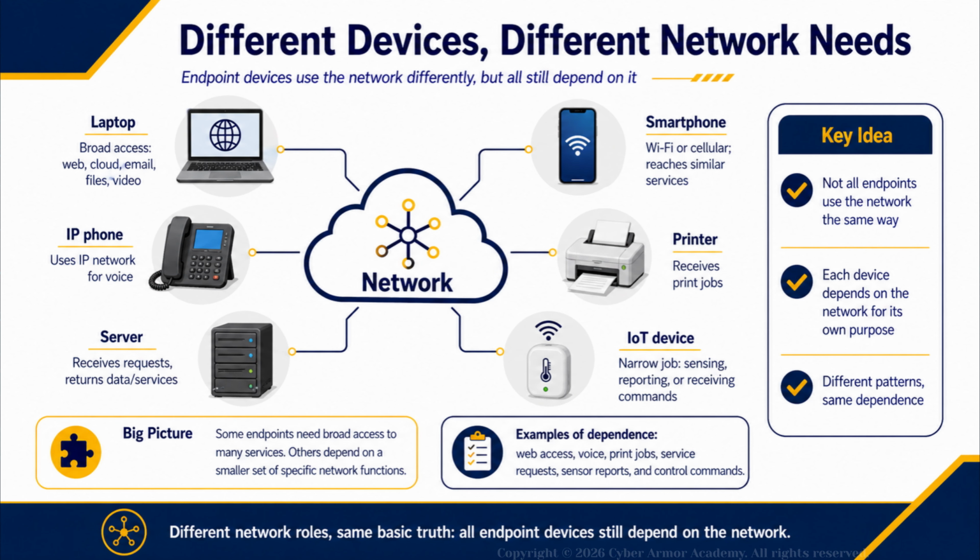Not all endpoint devices depend on the network in exactly the same way. A laptop may need broad access to websites, cloud platforms, email, file sharing, video meetings. A smartphone may move between Wi-Fi and cellular while still trying to reach the same kinds of services. A printer may mainly need to receive print jobs from local users or print servers.